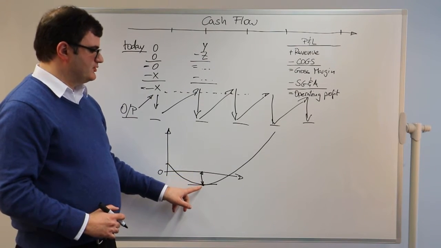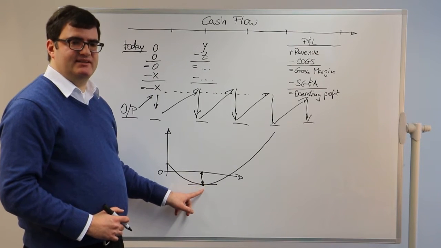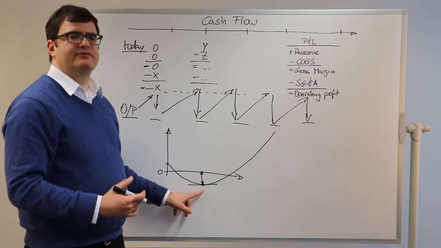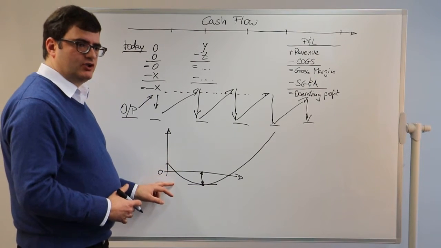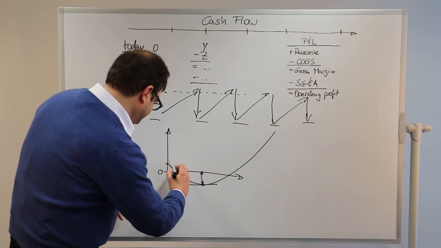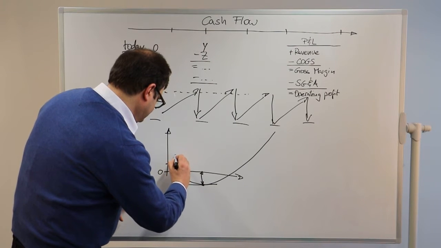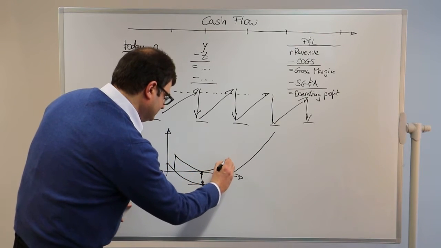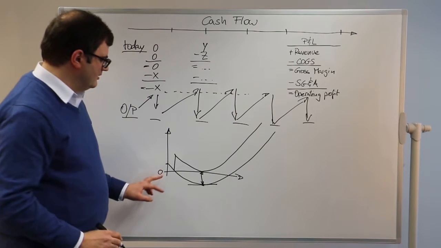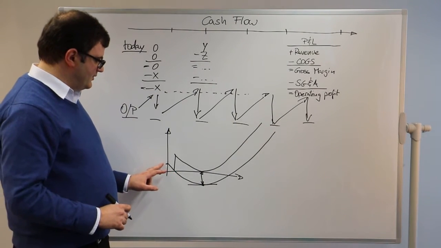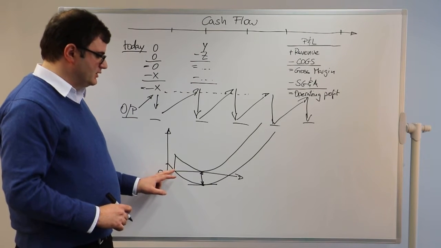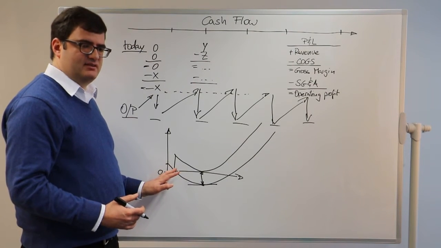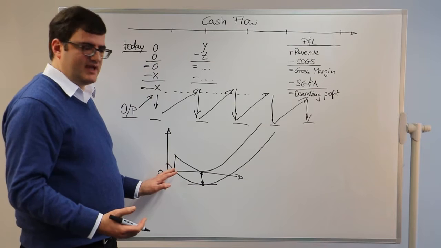Now, if you successfully manage to raise this amount of capital, either from investors or from other sources, your new cash curve will look something like this. Notice that again, it starts with the amount of cash you have now. The cash goes down. At some point, you reach an agreement with investors or with other sources of capital.